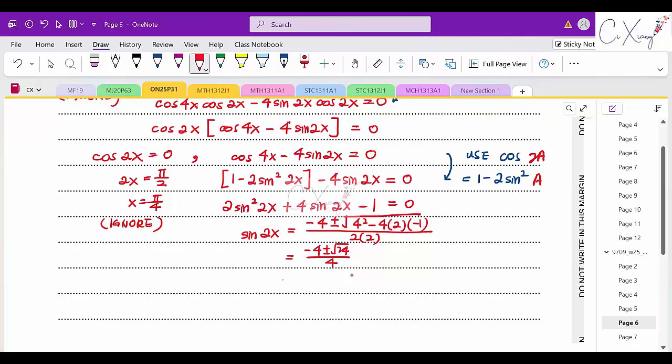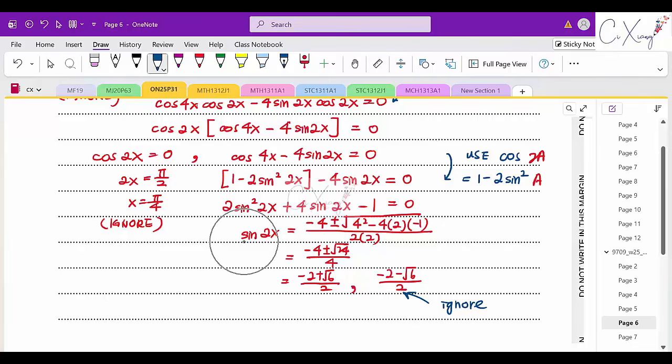Then I have negative 2 plus root 6 over 2, and another one is negative 2 minus root 6 over 2. For this part of the answer, I need to ignore it again. Why? Because if you press the calculator, this value will give you a value smaller than negative 1.